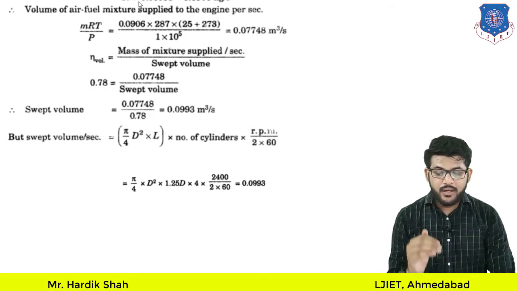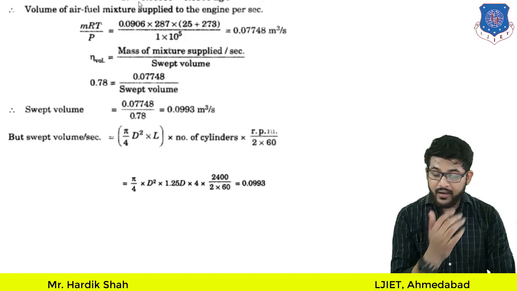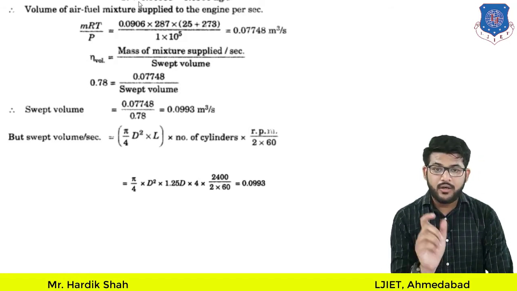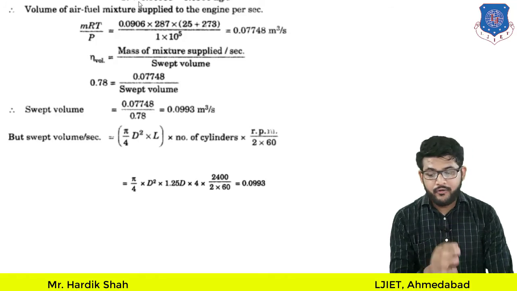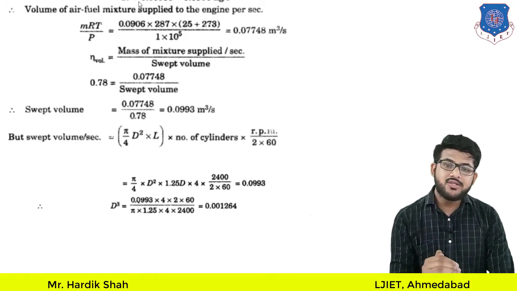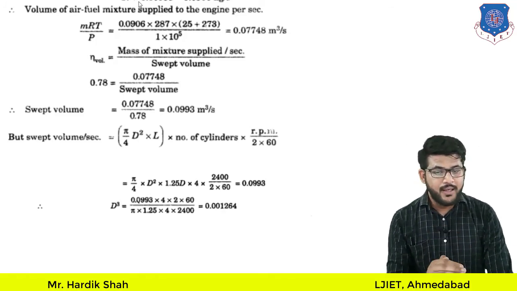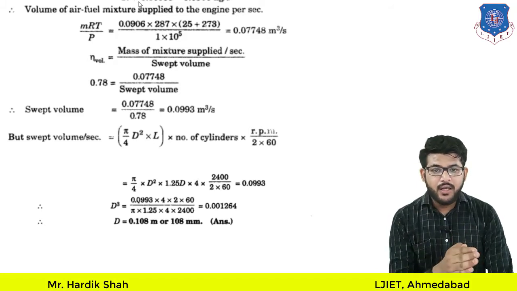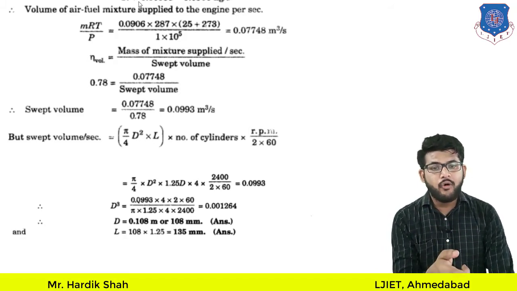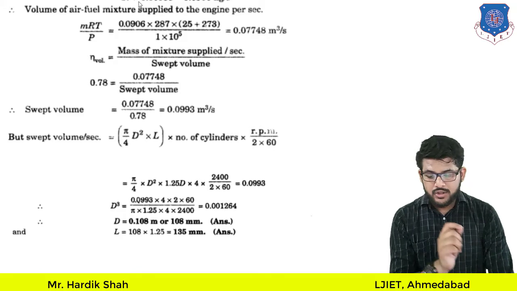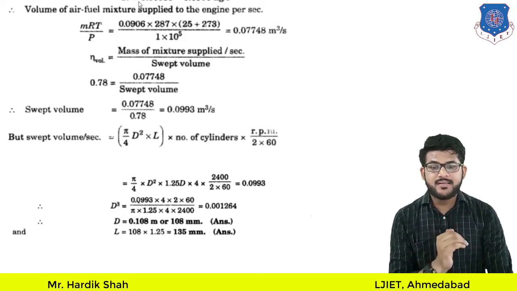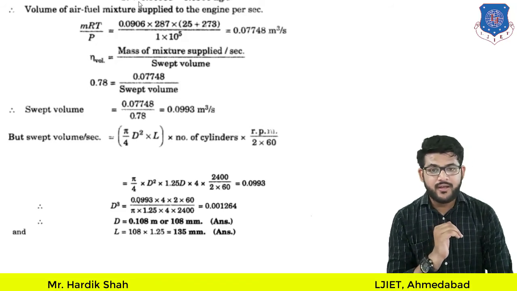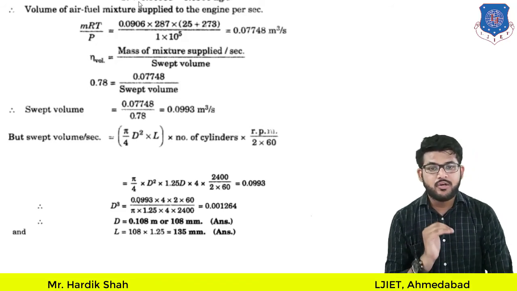So whenever you solve this formula, you can find D cube, that is the bore diameter in the form of D cube. Once you find D cube, you can find D, and once you find D, you just put it in the L formula, that is 1.25D. So you will get the main answer, that is L equal to 135 mm and D equal to 108 mm. Okay.